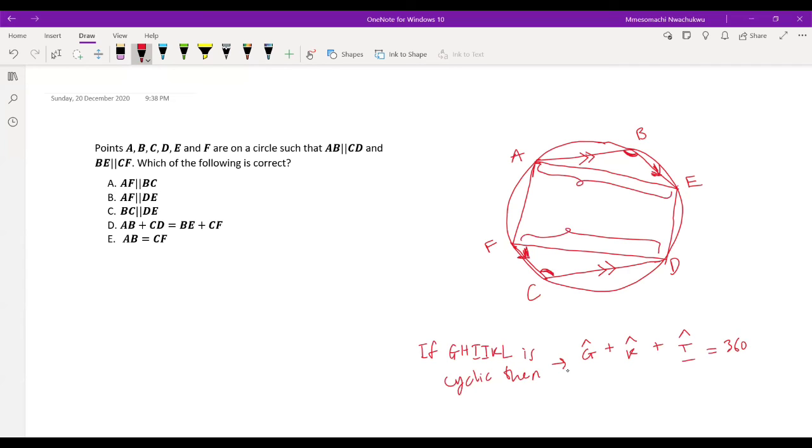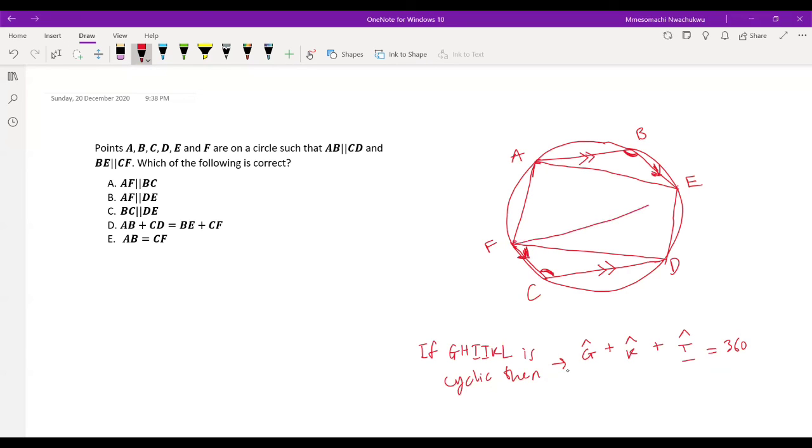Well, how can we apply that? We see that there's no equality for AE and FD in the options, so we can skip that for now. So let's go on and just try to have fun with the problem.